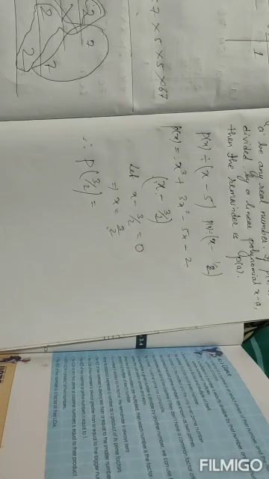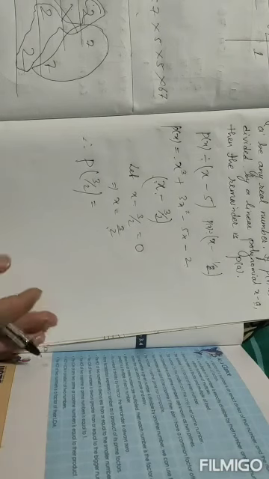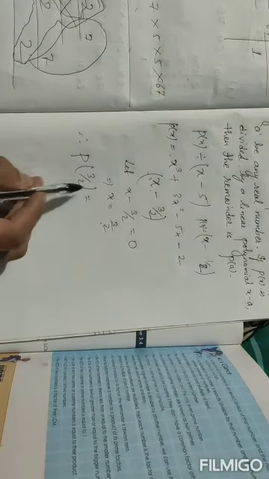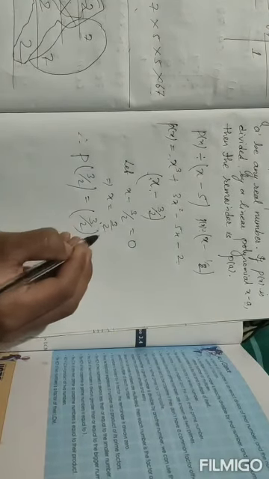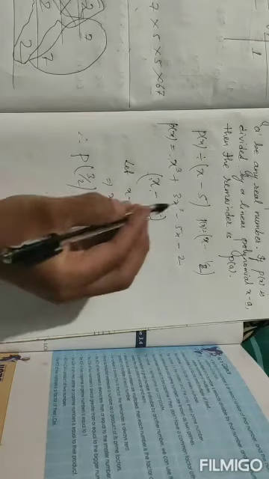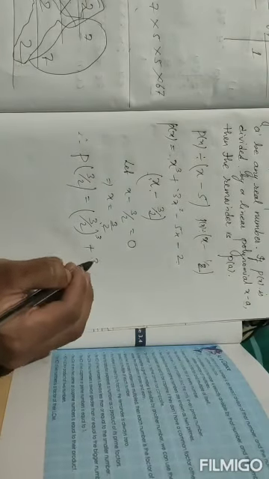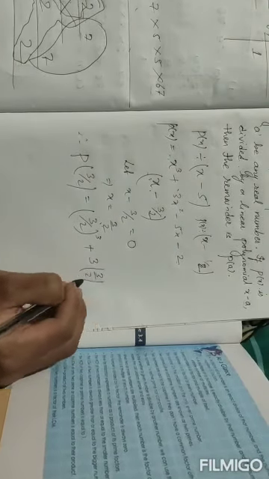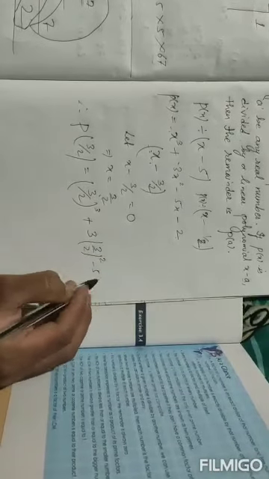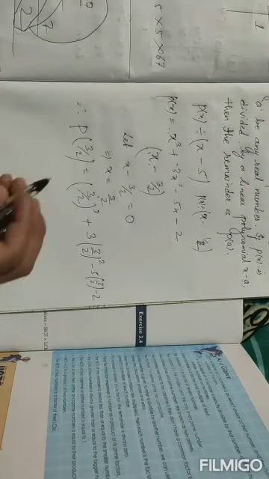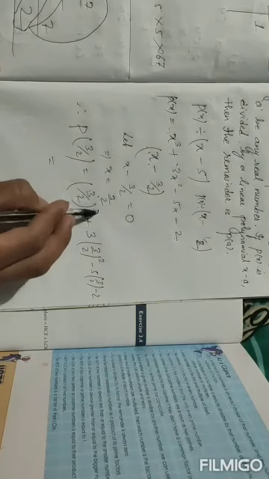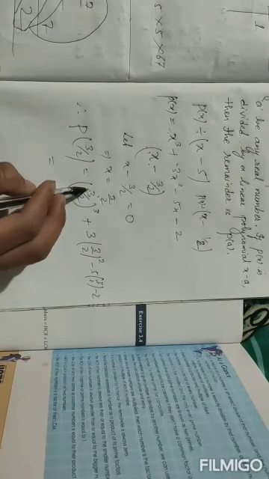p(3 by 2) means you just have to put 3 by 2 in place of x here. So it is (3 by 2) whole cube, plus 3 into x square, that is (3 by 2) square, minus 5x, that is 5 into 3 by 2, minus 2. Now open the bracket. 3 by 2 whole cube means the cube is for 3 also and 2 also.